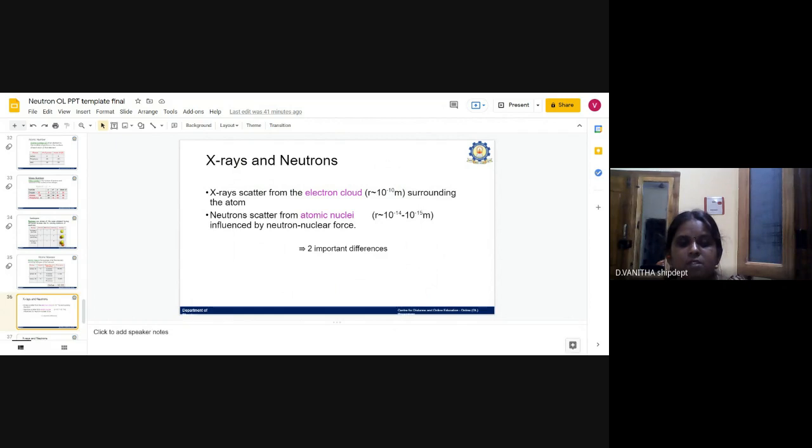The X-rays are scattered from the electron cloud surrounding the atoms. The electron incident on the metal target excites the atoms in the atom cloud. The neutrons are scattered from the atomic nuclei, influenced by the neutron nuclear force.